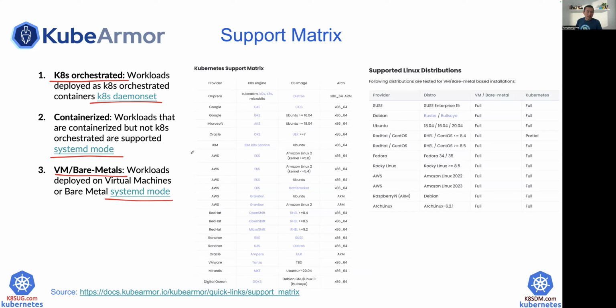In terms of Kubernetes cluster support, literally any of the Kubernetes distributions listed here can be supported. I'm not going to go through the whole list. You can see GKE is here, AKS is here, IBM IKS, OKE is here, EKS is here.